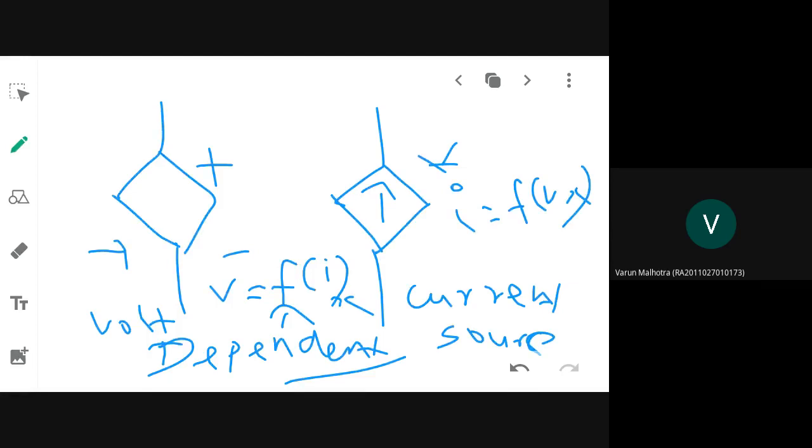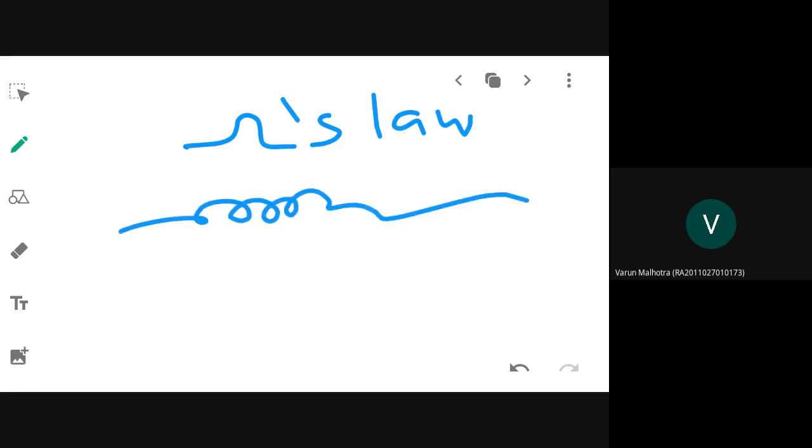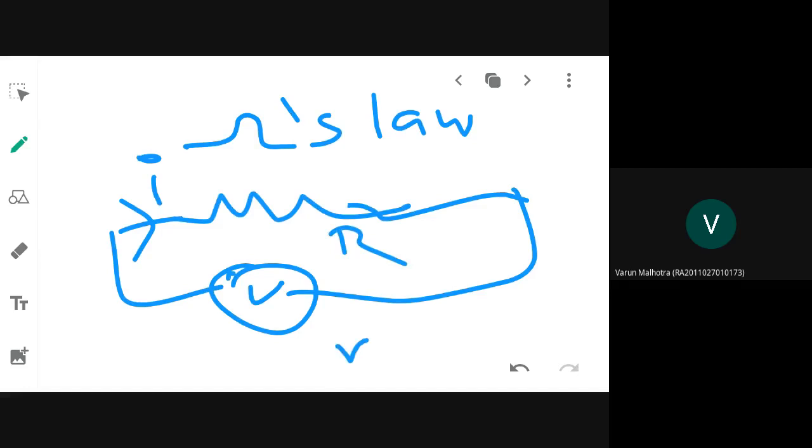I also taught you what Ohm's law is. Suppose you have a conductor, and if you give it a supply, current starts to flow. Let this be a resistive element, and for simplicity I am considering R. The voltage will be proportional to the current flowing through it.